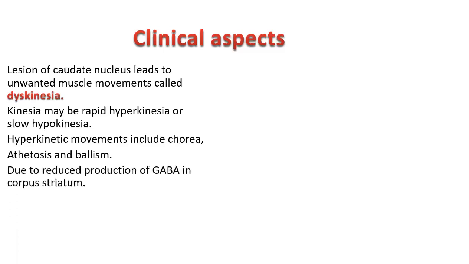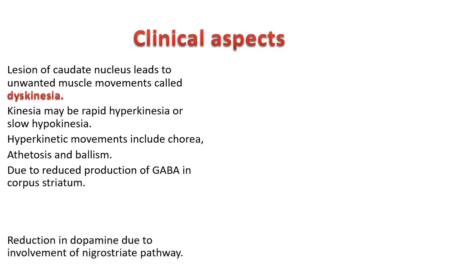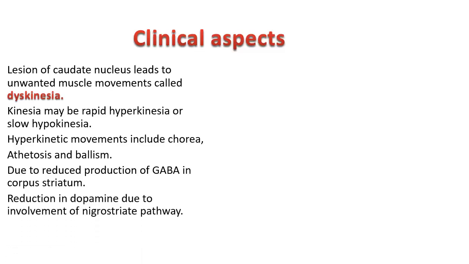Mainly because of reduced production of GABA, gamma aminobutyric acid, since from the corpus striatum to the pallidum the GABA is secreted. So there is reduction in GABA, and reduction in dopamine in the nigrostriate pathway. So lesion of the striatonigral pathway.